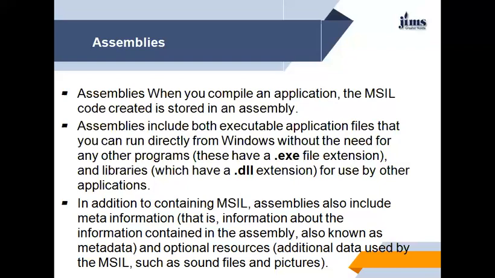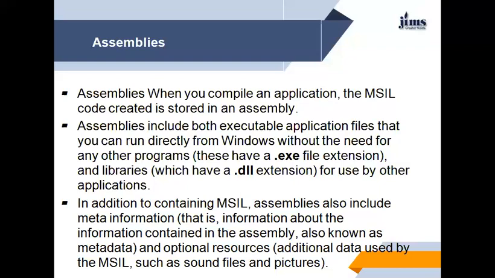In addition to containing MSIL, assemblies also include meta information. So first, assemblies contain MSIL code. That is the first part. Second, assemblies also include meta information. Meta information, as we know, is data about data, called metadata: information about the information contained in the assembly.